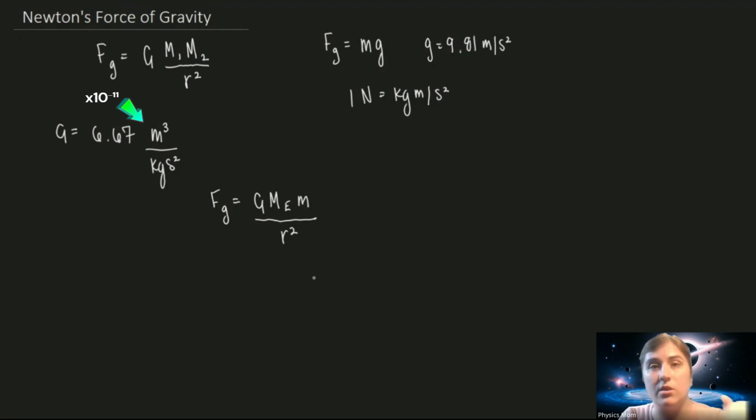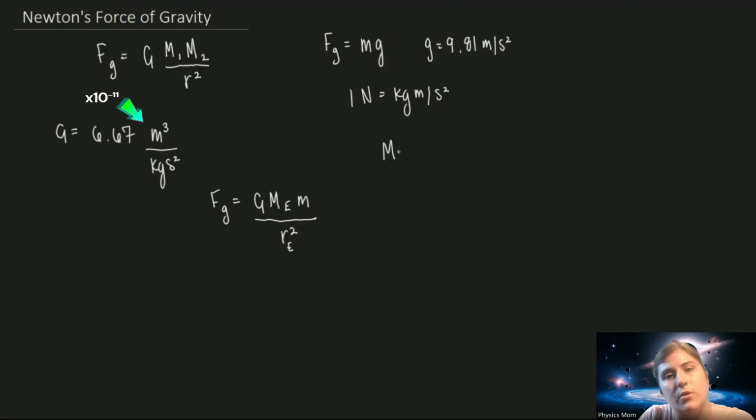If the object is on Earth's surface, we call this the radius of Earth, because the radial distance is measured to the center of mass, the core of Earth.